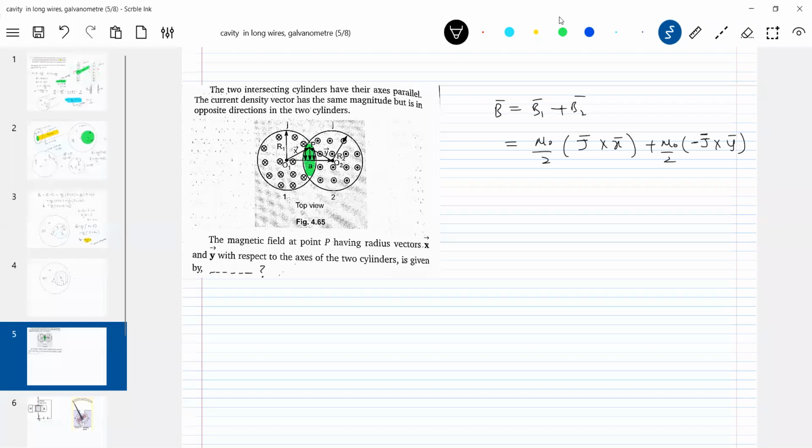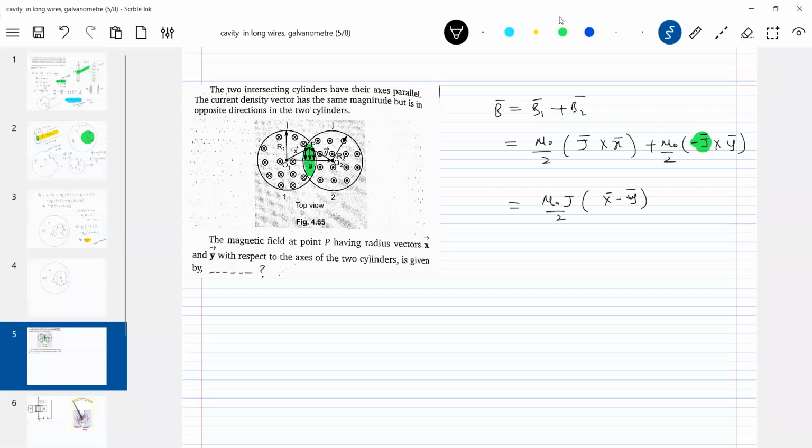Please do notice this negative sign. Why is it negative? Into the plane, if I take j bar positive, out of the plane it should be negative. So simplify it: mu naught j bar cross (x bar minus y bar) by 2.